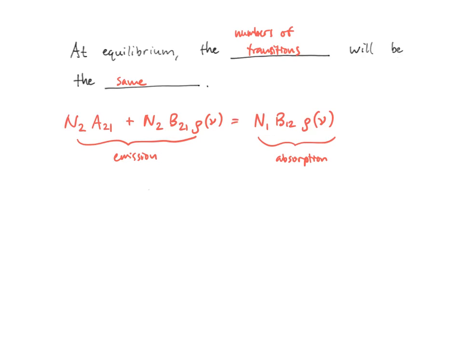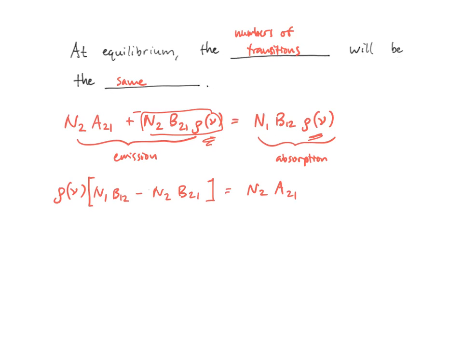Okay, so what can we do now? We can rearrange this algebraically a little bit. I can subtract this one here from both sides, and then I can pull out the rho nu. I'm just going to do those two steps at the same time. So first I pull out the rho nu, and then I get N1 B12 minus N2 B21, and all of this equals N2 A21.